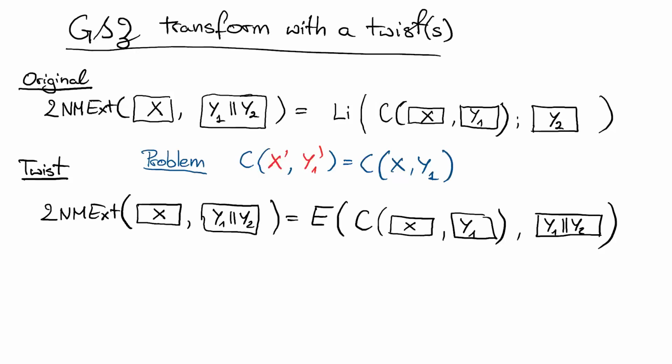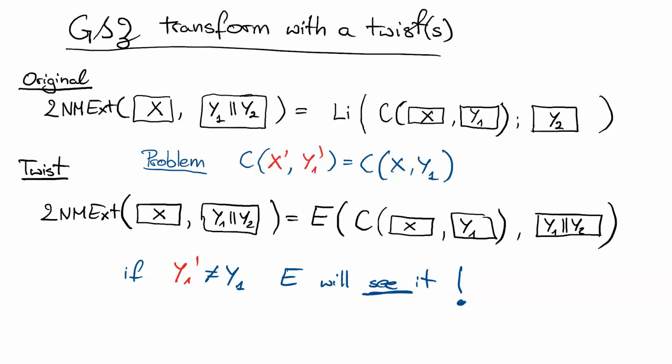But now look at what happened in the previous slide. We had this problem of, hey, if this is equal, then we have a problem, the output stays the same. But now notice that this E, that's a two-source non-malleable extractor, sees Y1 in the open. So if Y1 changes, the definition of two-source non-malleable extractor guarantees that the moment it sees any difference, it will output something independent, right?